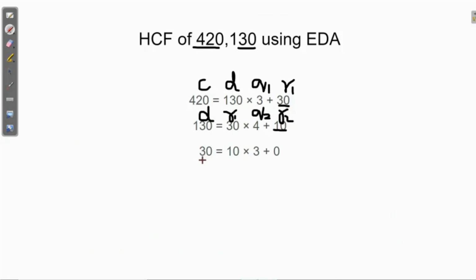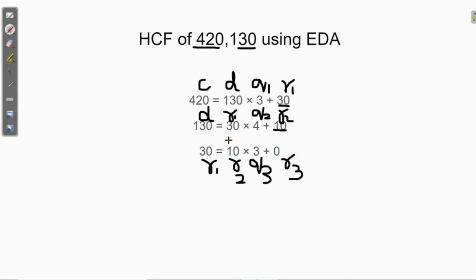So my C value will become R1 and D value will become R2. This will give Q3 and R3. So R3 is 0.